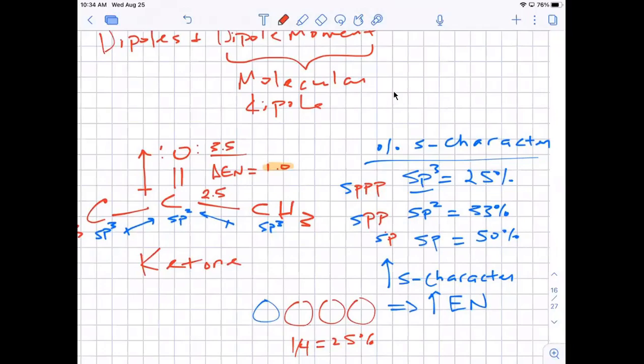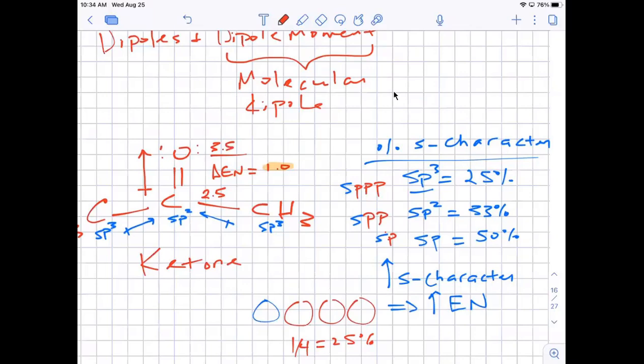But the overarching idea is that as I increase the amount of S, I'm also increasing the electronegativity of the atom. Because the orbitals themselves are getting smaller and tighter, and so the electrons are held more closely to the nucleus.